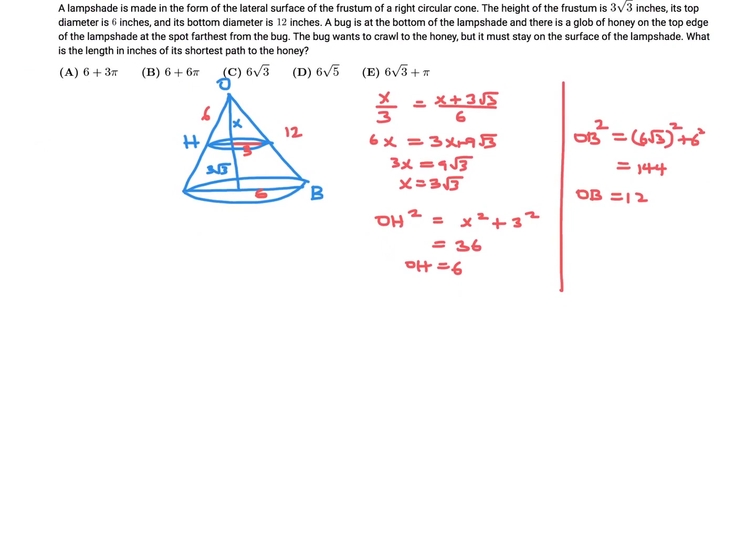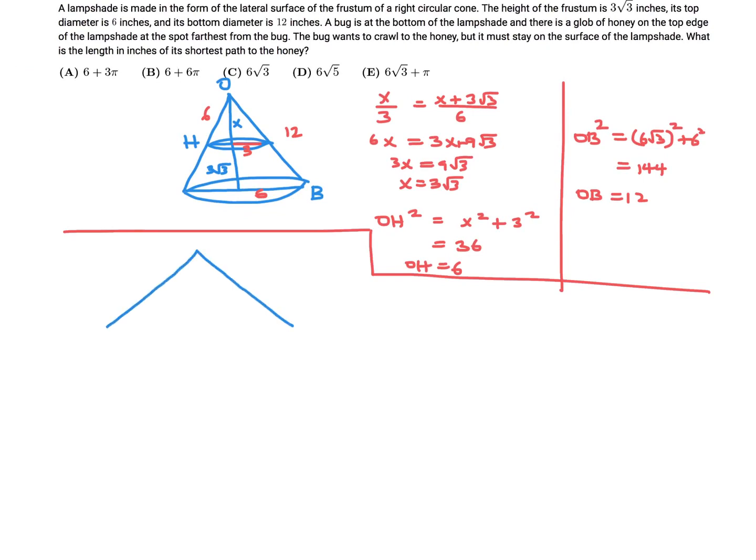Okay, so now we have to move on to the nitty-gritty here. When we open this up, and if you're practicing, just take out a piece of paper and draw a cone and open it up, and you'll notice it'll look something like this. And that cross-section right there is what we have to cut out to make the frustum.